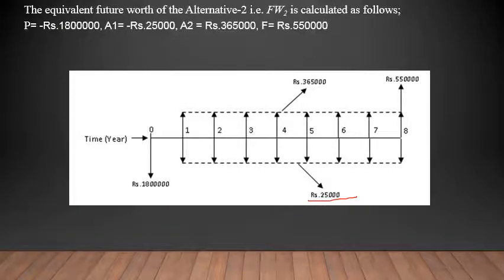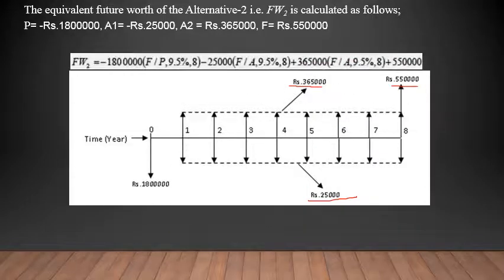Let us solve it. Initial cost should be assigned P, and this is A1 25,000, this is A2 3,65,000, and this is salvage value S or F, future amount. First, let us convert this P into F using the factor F by P. It is at a distance of 8 years, so n will be 8.